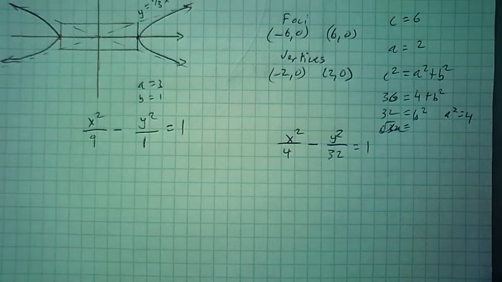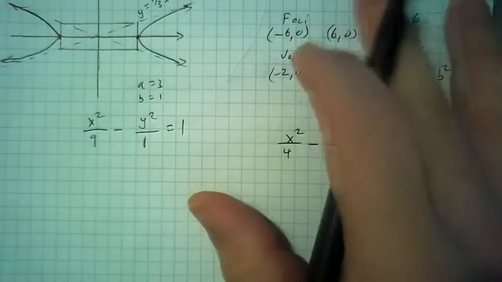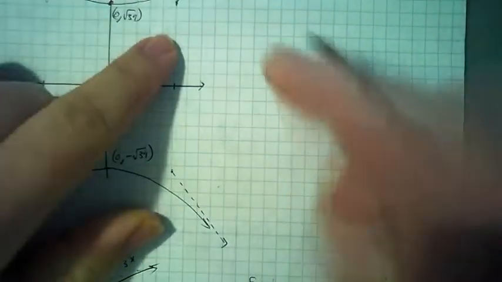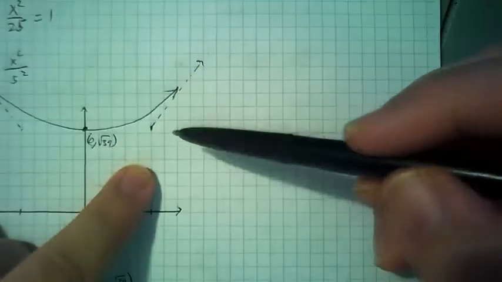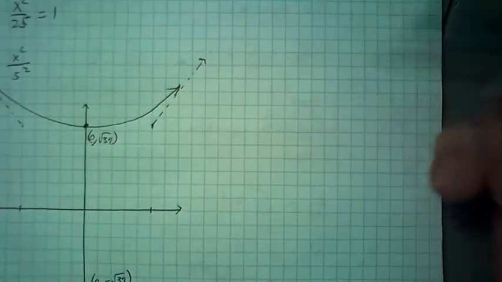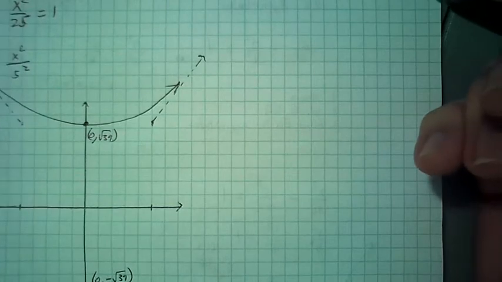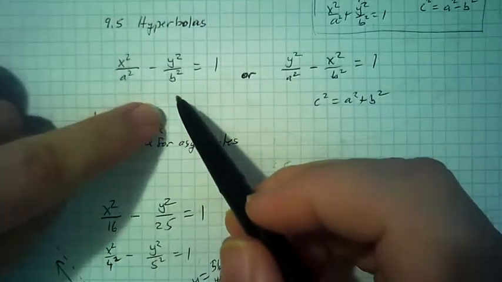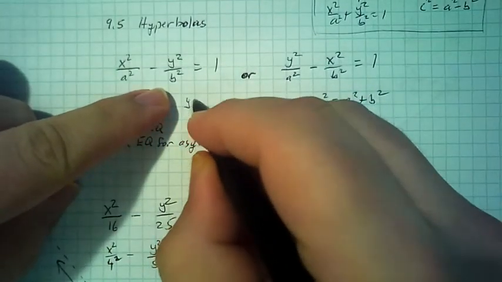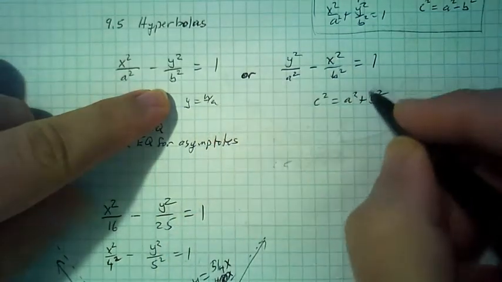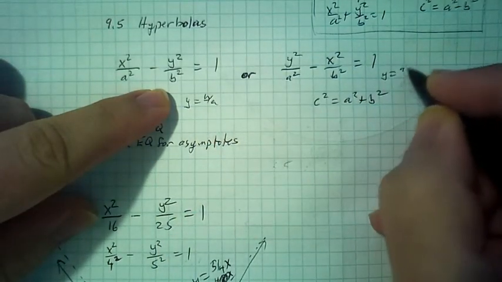All right. I already talked a bit about writing the equation for the asymptotes. The only thing you have to worry about is which one is the rise and which one is the run. So your book lists them as two separate equations, and I think mostly just expects you to memorize that this one is y equals b over a, and this one is y equals a over b.